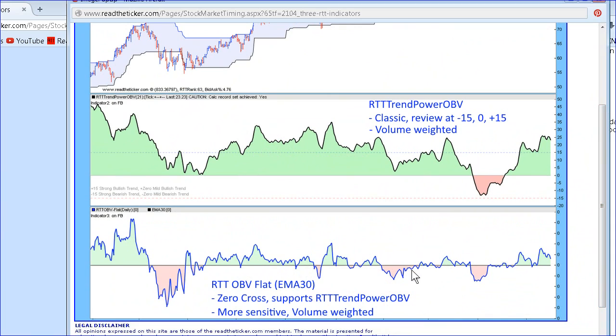So this indicator, RTT OBV, what this one does that the other does not do, is that where a close on the daily bar is high, and when the close on the daily bar is low, it's volume weighted. So just like a boxer in a ring, when he makes a punch, some punches don't hurt, but some punches do hurt.